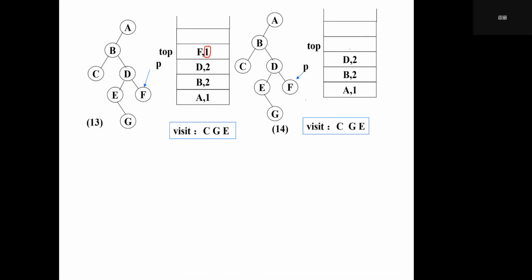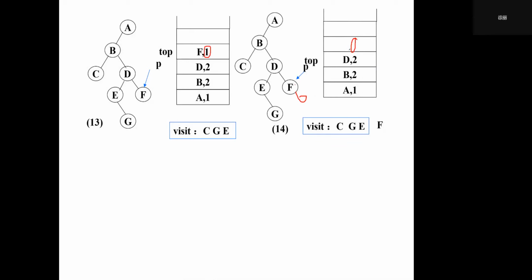So we pop F1, and then since the flag is 1, so we push F2. And we go right. Of course, the right of F is none. So we pop F2. Since the flag is 2, so we can visit F.